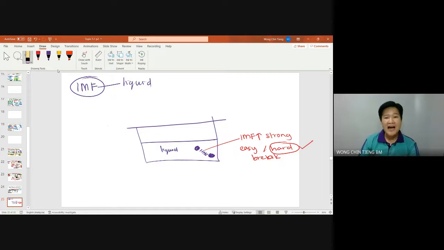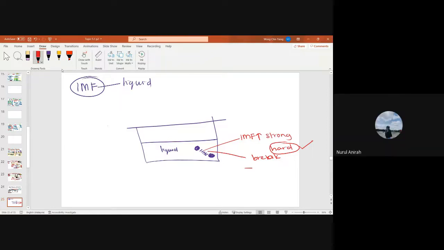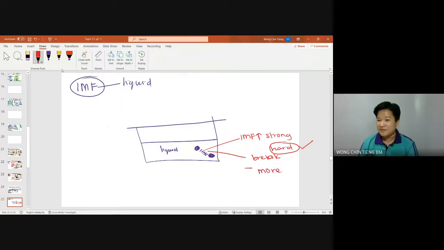Okay. When it's hard to break, when something is difficult to break apart, next thing: you need more energy or less energy? More energy. Okay? Correct. The attraction is super strong, the thing is pulled together strongly, very hard to break. You need more energy. When you need more energy, it's difficult to do. You need a higher boiling point.